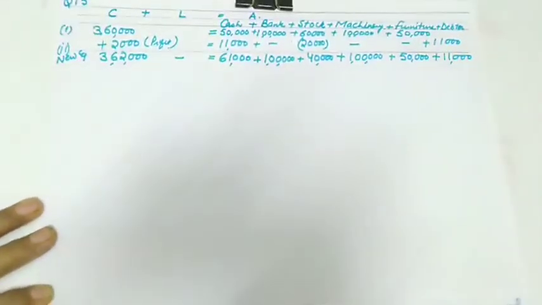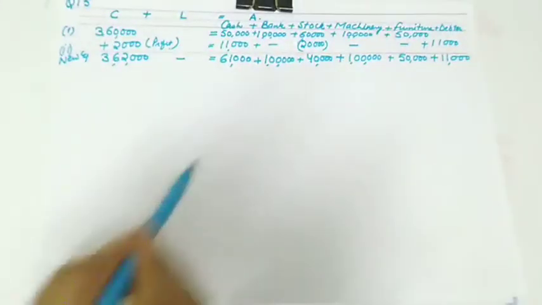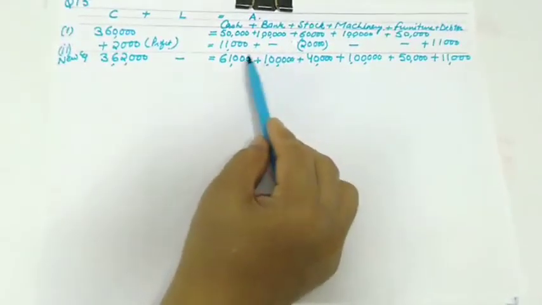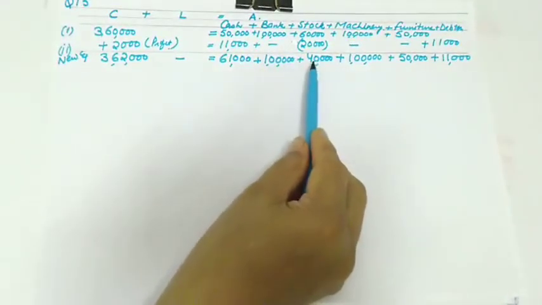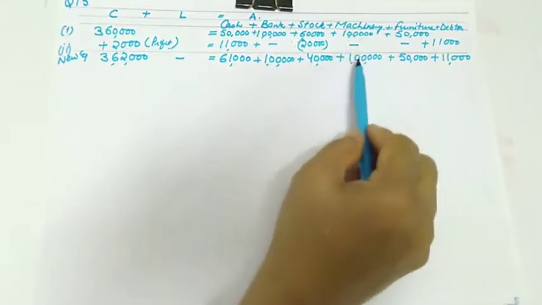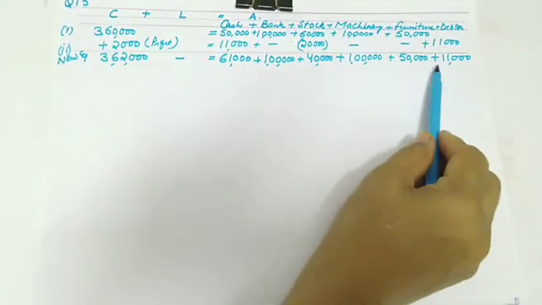So let us check whether both the sides are equal or not. This is 1 lakh, 61, 2,01,000, 3,01,000, and 61 is 362.